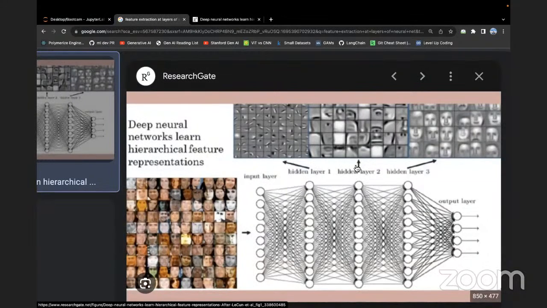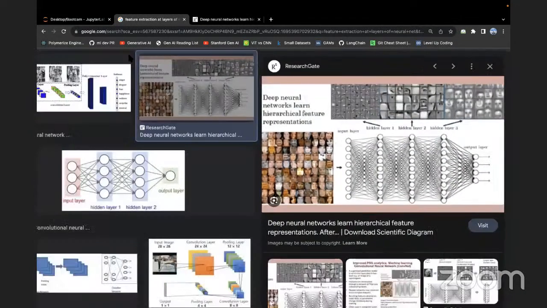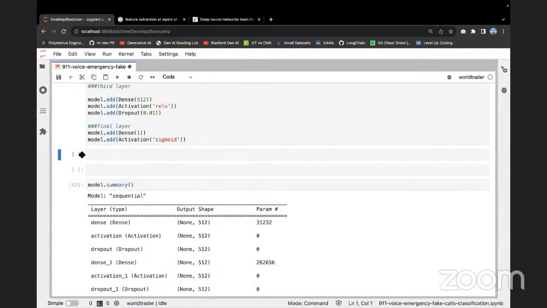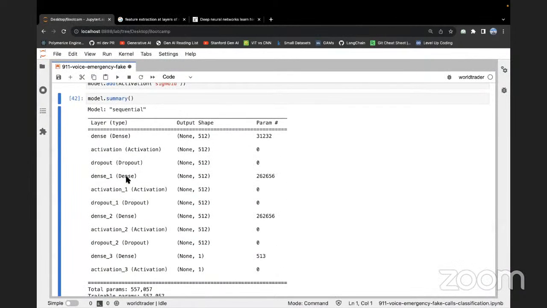Then the second hidden layer identifies medium level features, the next higher level features, like nose, eyebrows, ears, etc. And the final layer combines these and makes high level features, which generates the entire face. So every layer of the neural network is basically responsible for identifying higher level features than the previous layer. I hope that is clear, all of you.